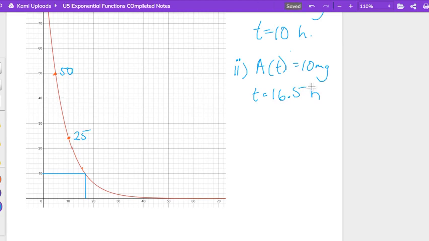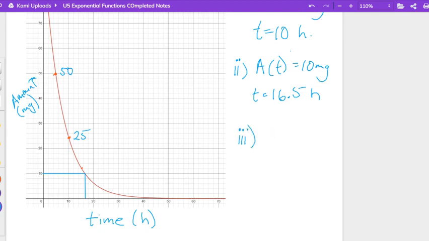You might have said something a bit different, maybe 16.8. But do you see how we did that? This bottom axis is time in hours, and the y-axis is the amount in milligrams. You could, on your test, be given a graph and have to interpret it.